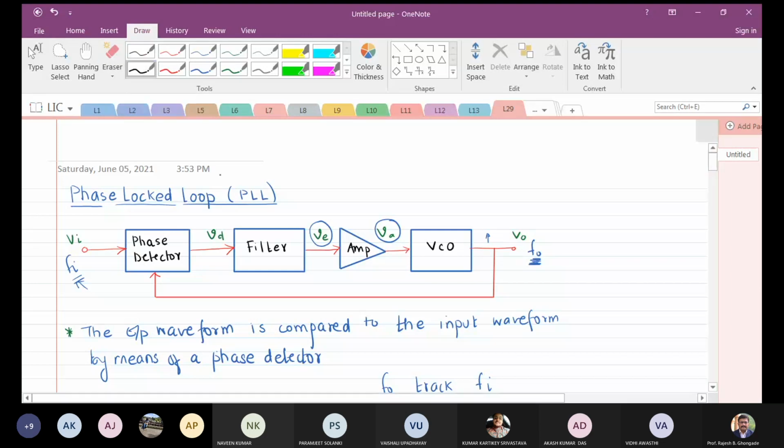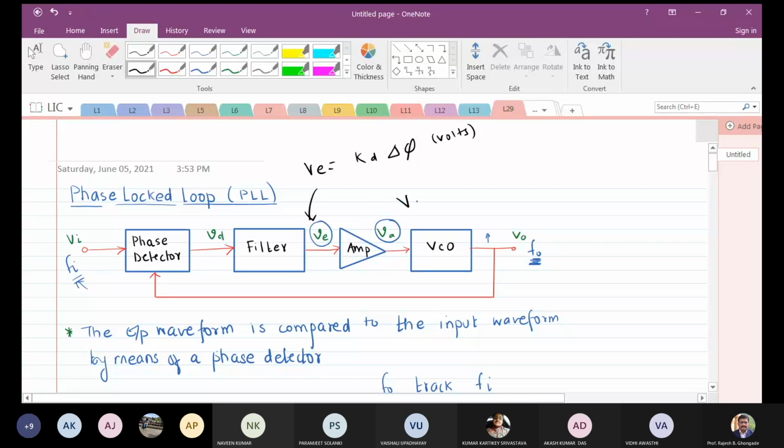Okay, so here this VE is given as KD delta phi. So many volts. Remember, it is voltage again.